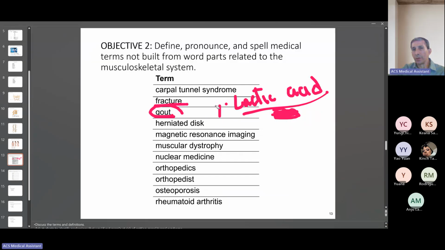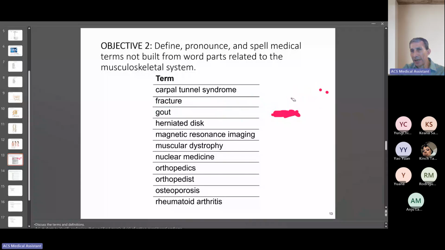Okay, so remember, it's caused by an excess of uric acid. Red meats produce this, alcohol produces this. If you are used to eating red meats, particularly raw steak that is kind of bloody, all raw, then you will develop this condition.